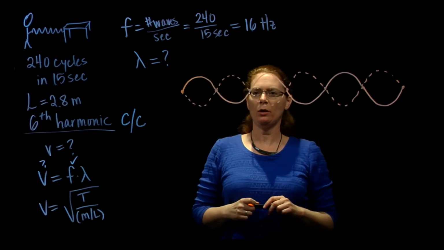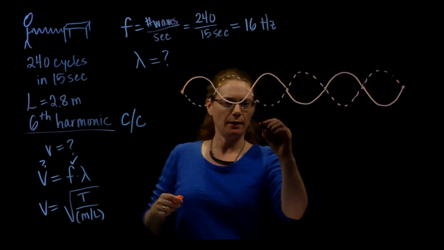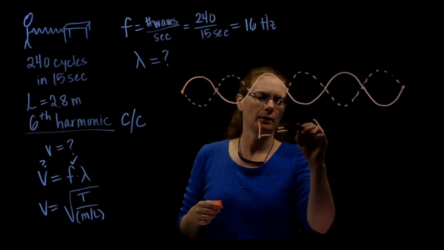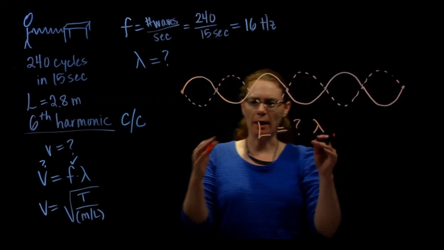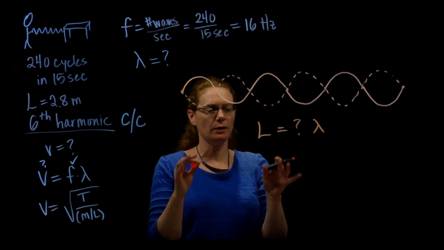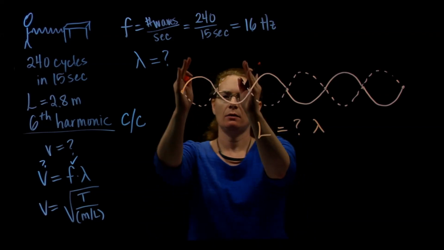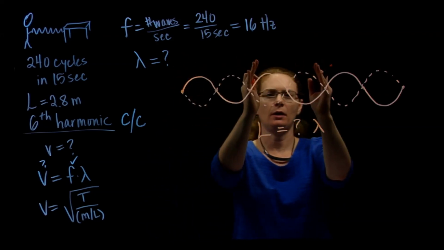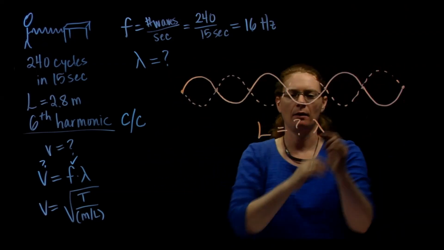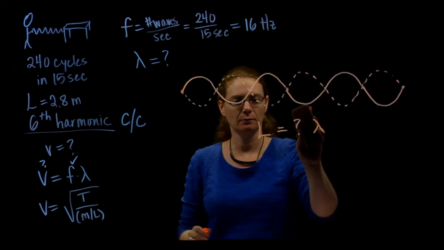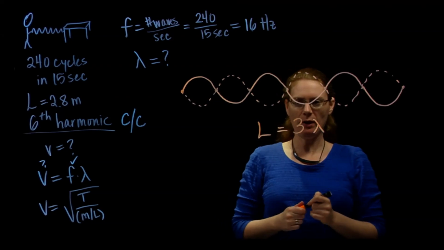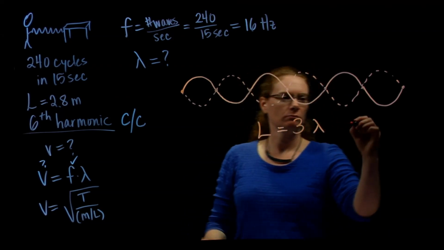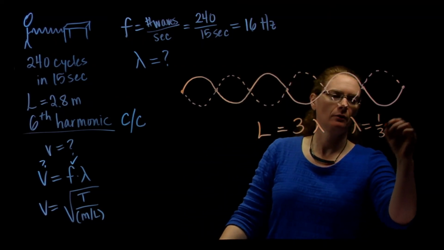So now we need to figure out how the length and the wavelength are related. So this length has how many waves? Go back to our rule: 2 full footballs is 1 wave. So I've got 1 wave here, I've got another there, I've got another there. So in this case, the length is 3 wavelengths, or the wavelength is 1/3 of the length.